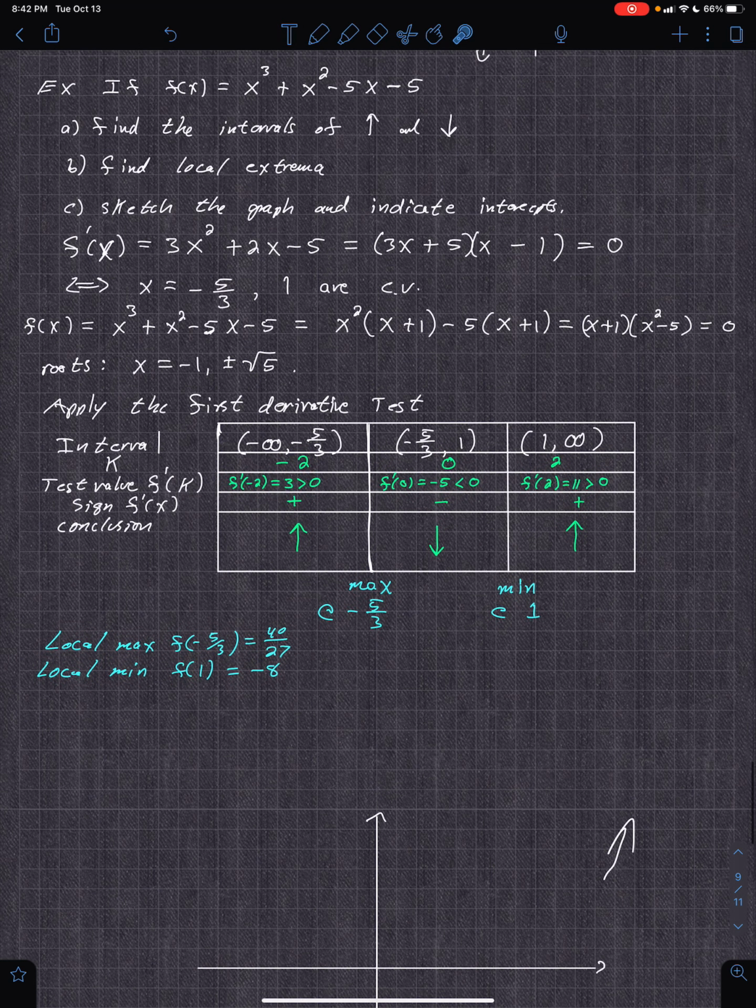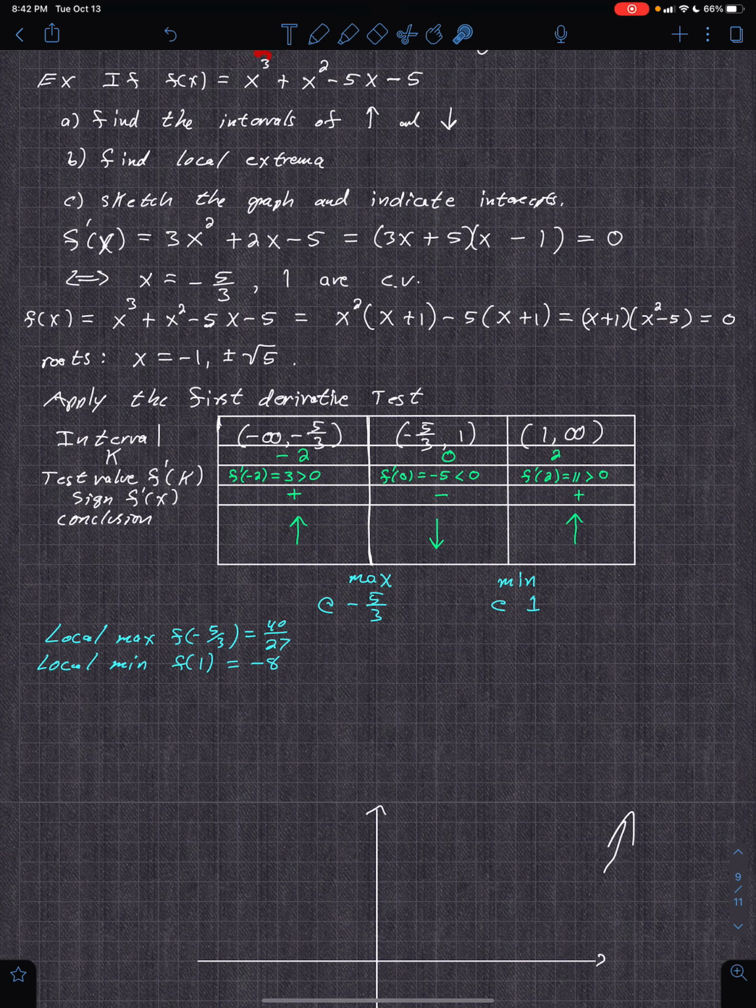This is all college algebra stuff. This is odd, so I know it starts up and goes like this, or starts down and goes like this, one or the other. But since this is positive, I know it basically mimics the cubic function. But these other terms make it oscillate a bit, and we know exactly how it does that.